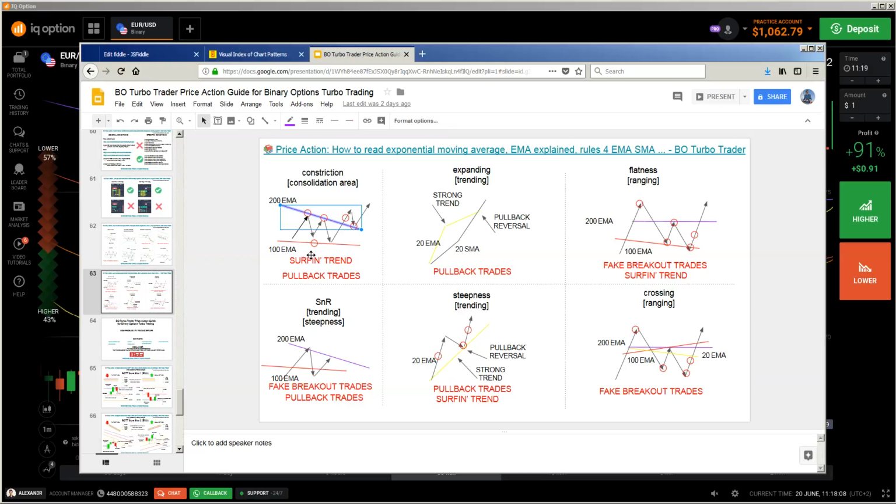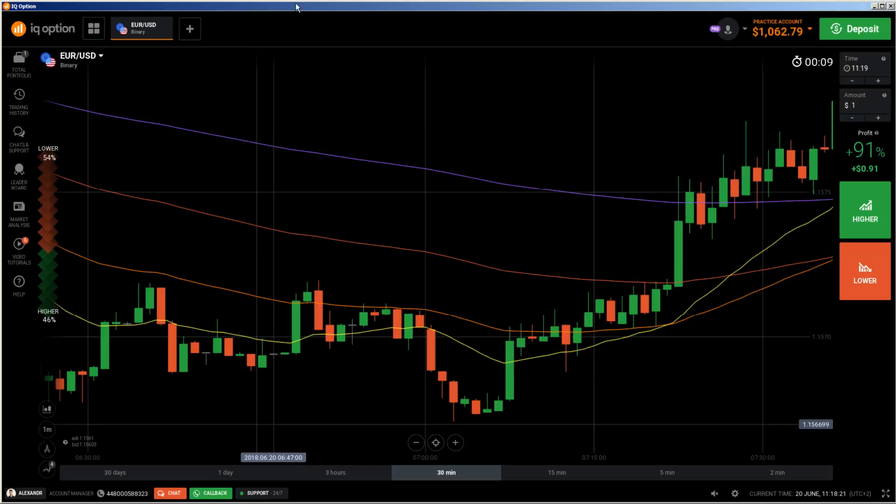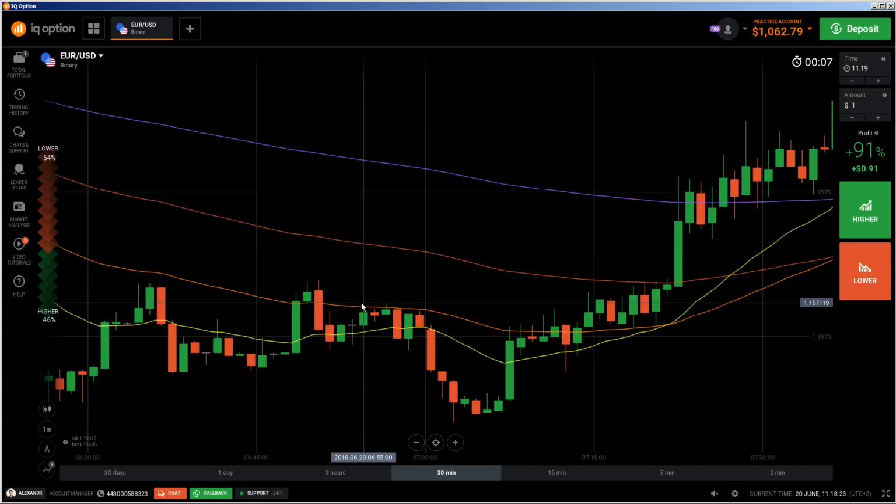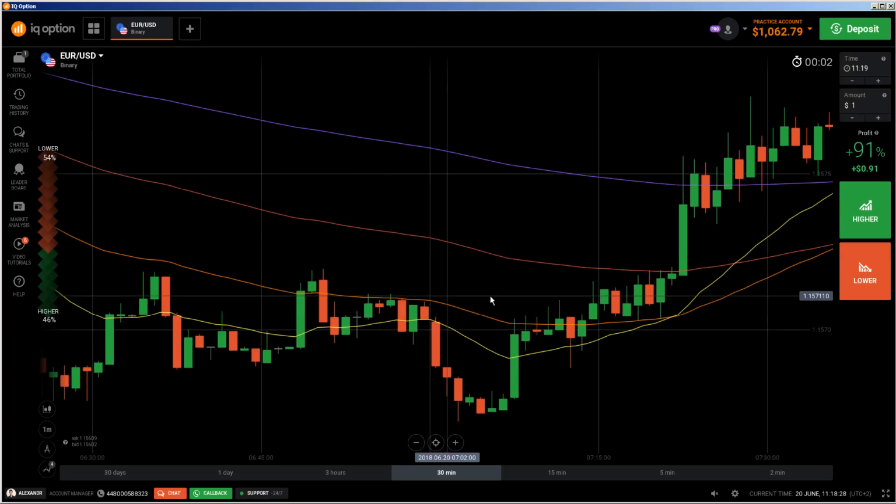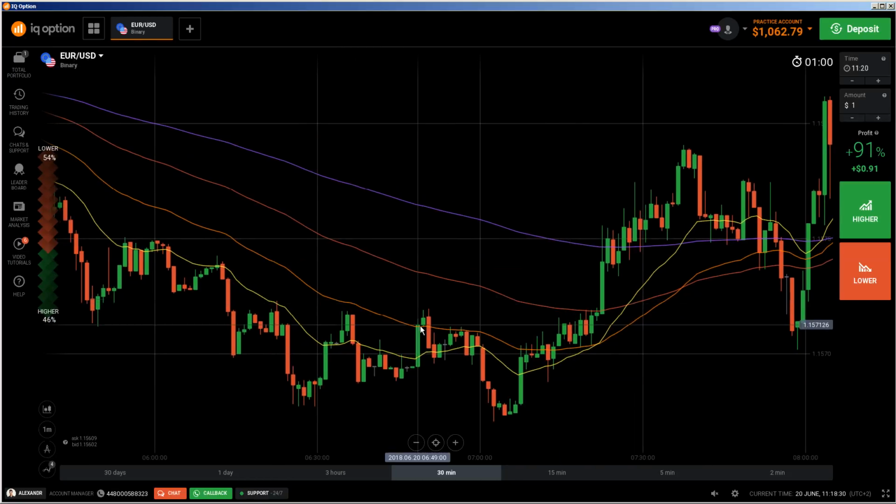You can surf the trend, that was this one part. There's a breakout, or you trade the pullbacks, or also the fake breakouts. You can enter also here at these edges, but the candlesticks should be greater, not if they are so close together and so tiny.